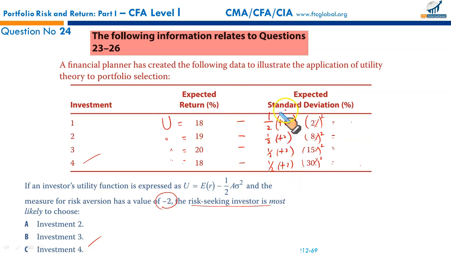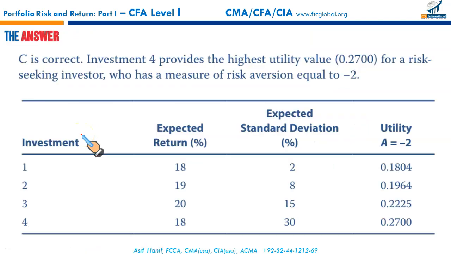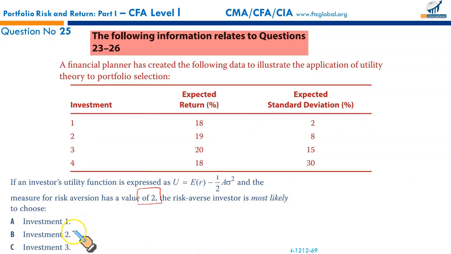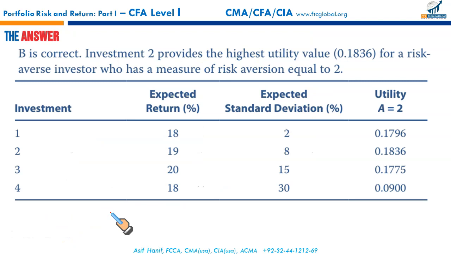So 18 minus this part, and you will get 17.96% for investment 1, 18.36% for investment 2, for 3 it's going to be 17.75, and for the fourth one it's going to be 9%. So the one that is offering you the highest utility is investment 2. Question number 25. Investment 2 is the right option. That's B, and B it is.